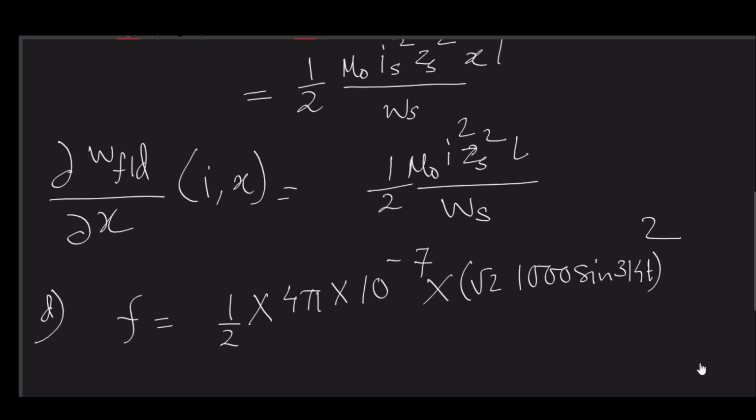Then what is ZS? Like two conductors, so ZS is 2, and then L is 1, and this one is 5 into 10 to the power minus 2.